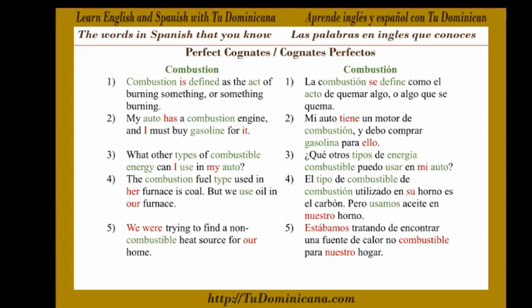El tipo de combustible de combustión utilizado en su horno es el carbón. Pero usamos aceite en nuestro horno. 5. We were trying to find a non-combustible heat source for our home. 5. Estábamos tratando de encontrar una fuente de calor no combustible para nuestro hogar.